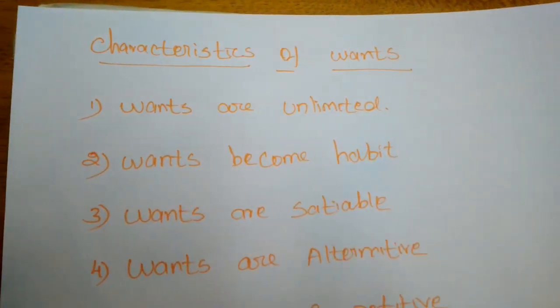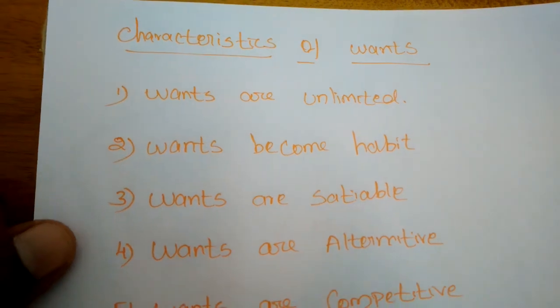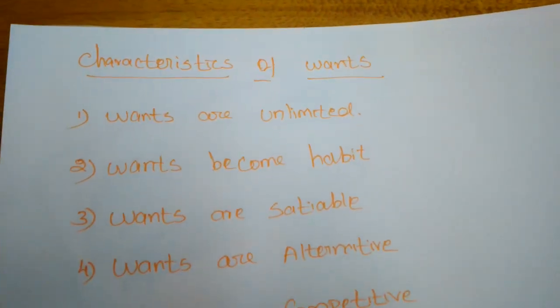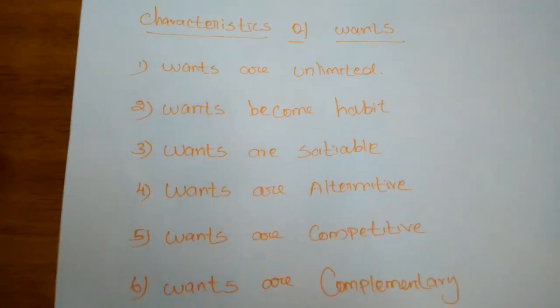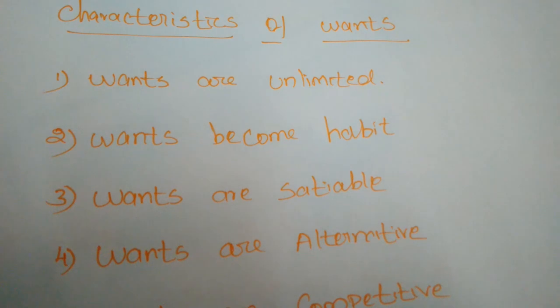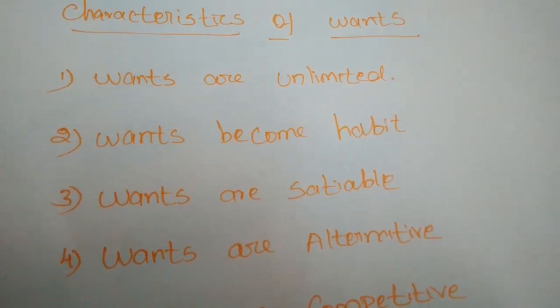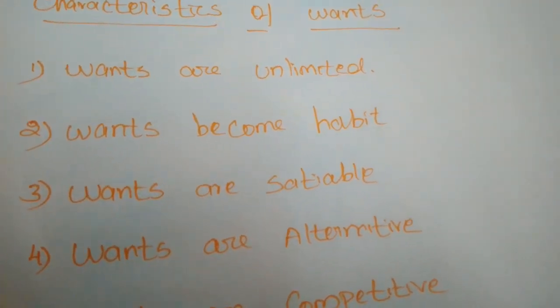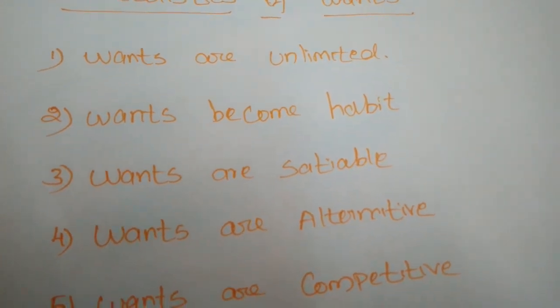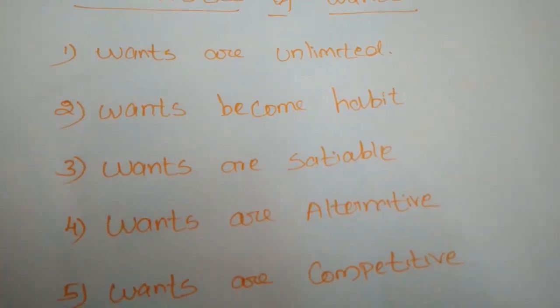Okay, we are studying wants, but what characteristics are there in wants? First, wants are unlimited. Human wants are countless in number and various in kinds.